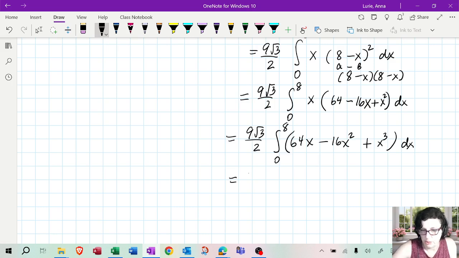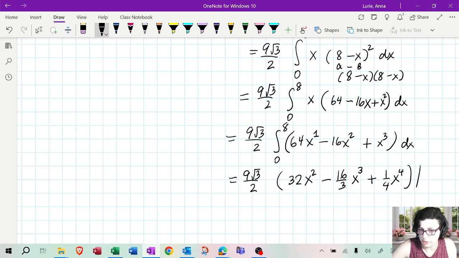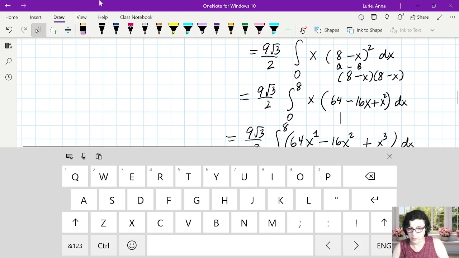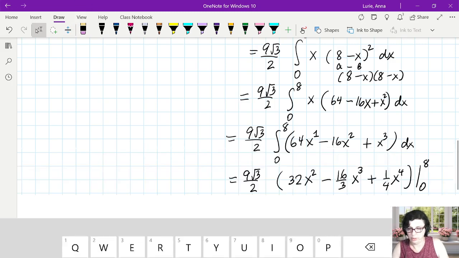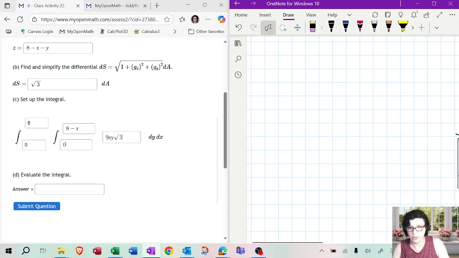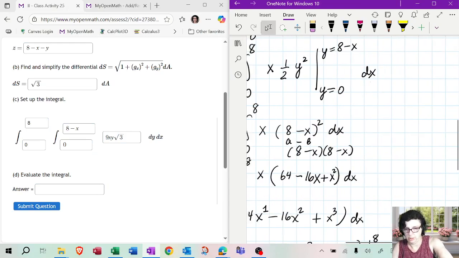Okay, so we just have one more integration. All right, so x to the power 1 becomes x squared over 2, so that'll be 32x squared minus 16/3 x cubed plus 1/4 x to the power 4. And then we substitute in 0 and 8. Okay, well, we are basically done, but we have to convert this to a nice fraction. So let's see if we can do that.